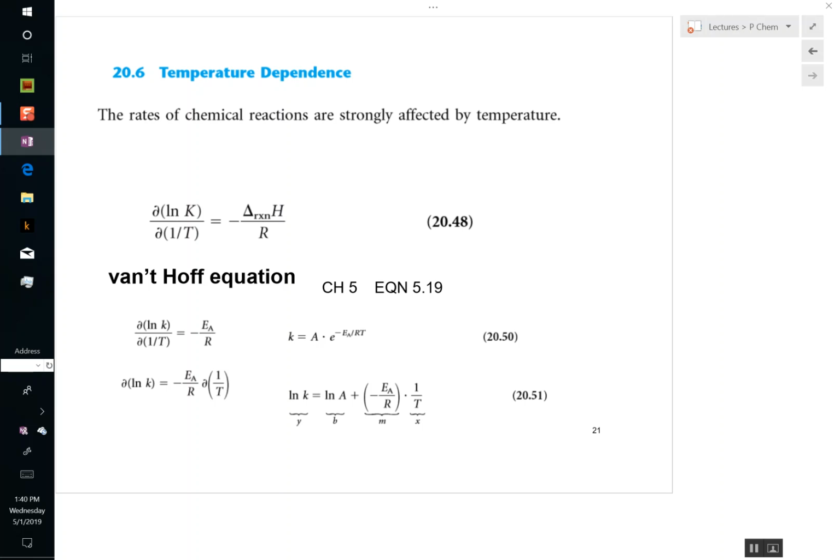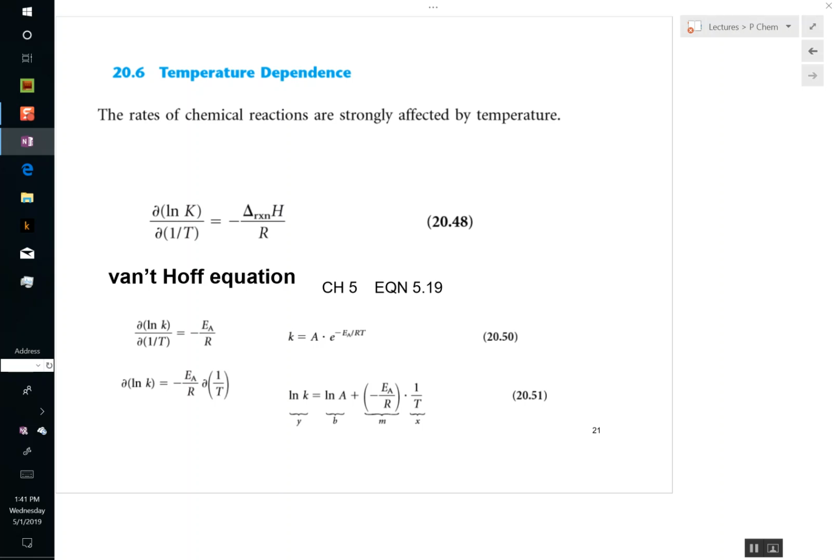Don't go from here to here. Come down through here. It's probably the best way, this is the way it's laid out in the book. Here, rearranging it to here, getting it to this equation. K equals A times, A is the integration constant. This is an integration constant.